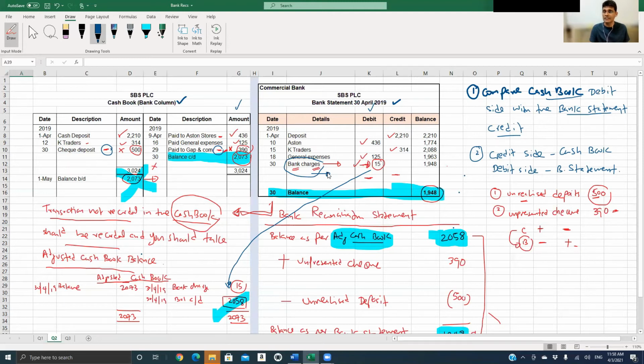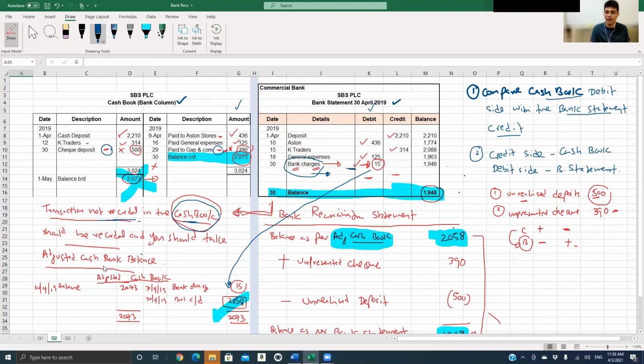Okay, the third concept, this is very important. I told you, if the transactions are not recorded in the cash book, what should you do, Samira? What should you do as an accountant if the transaction is not recorded in the cash book, but it is recorded in the bank statement?